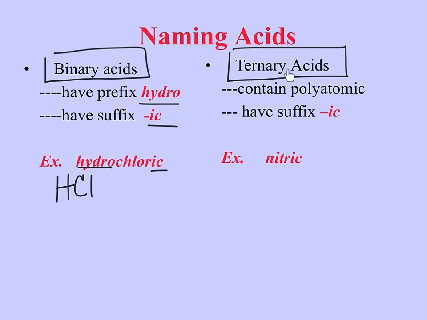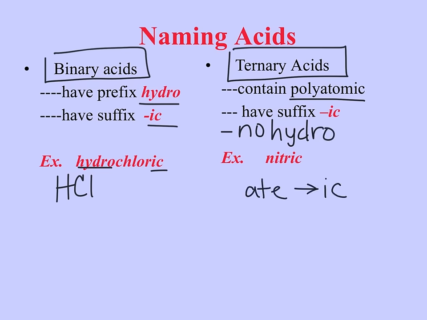Then let's talk about the ternary acids. So remember, ternary acids contain a polyatomic ion. All right, no hydro prefix, and we change the endings, right? Remember, ate turns to ic, ate to ic, ite to ous. If it ends in ite, it turns to ous.